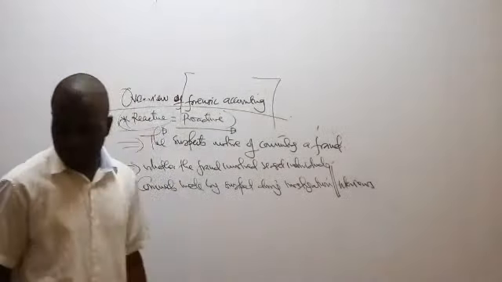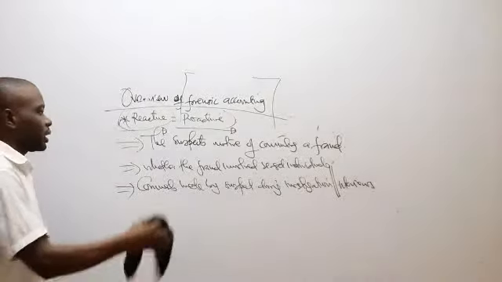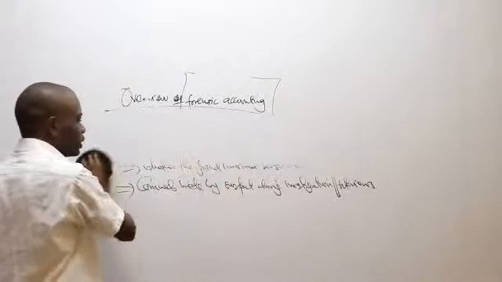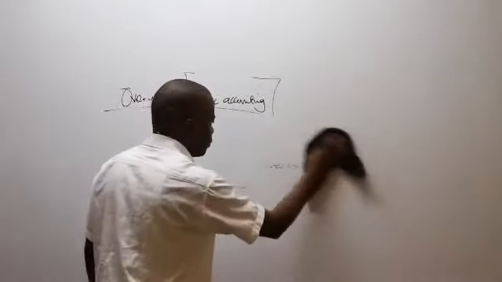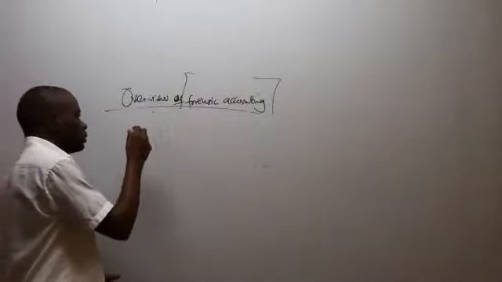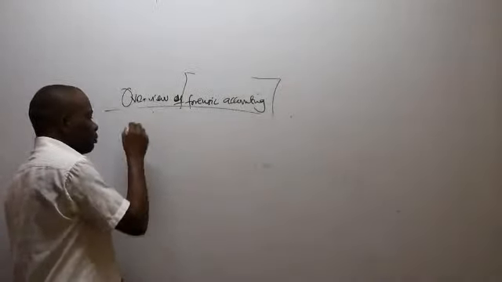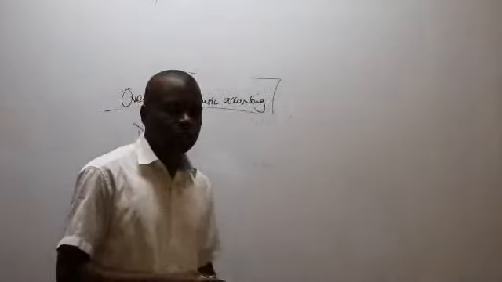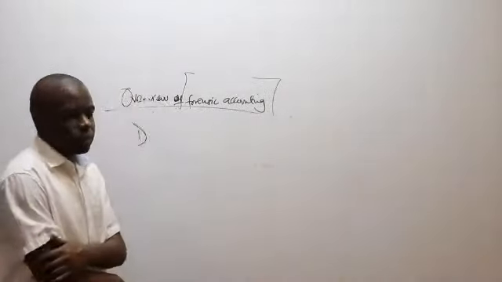So how will this particular forensic audit actually be carried out? What are the procedures that will be involved in forensic auditing? So number one, what will happen during forensic audit or the process of carrying out the forensic investigation?